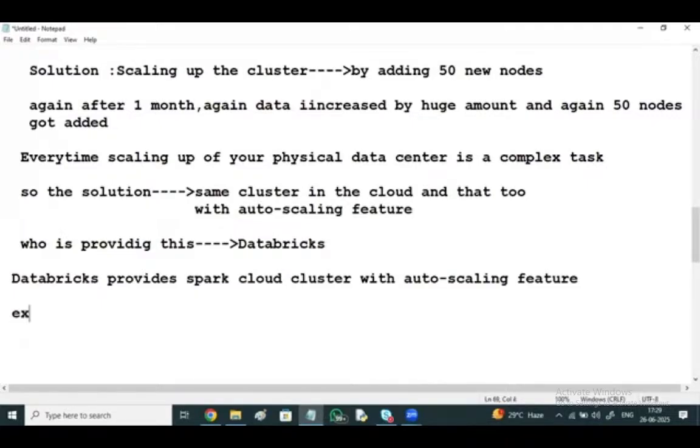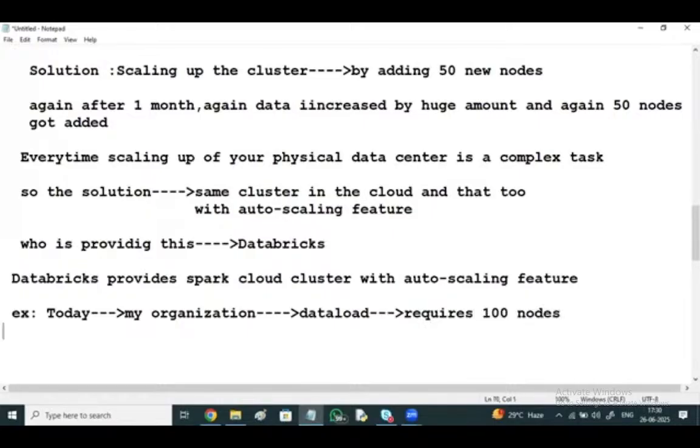For example, today my organization data load requires 100 nodes. I'm talking about auto scaling. Tomorrow, data volume increased.